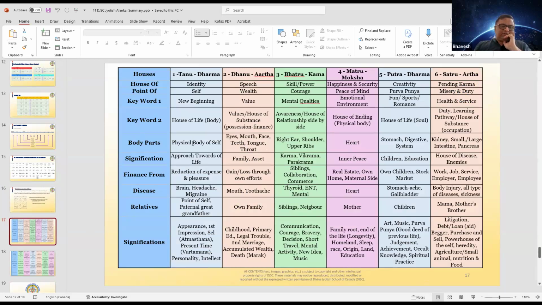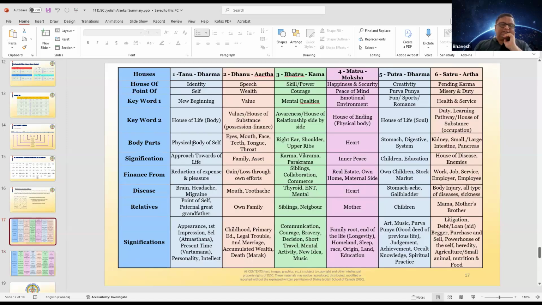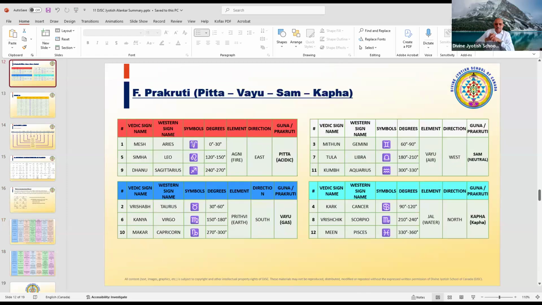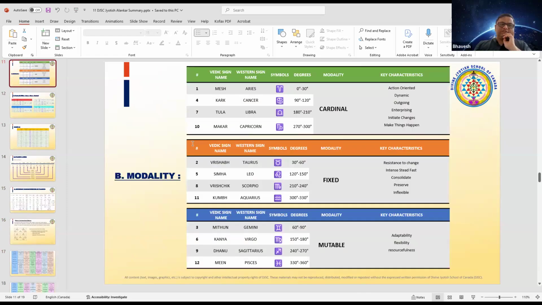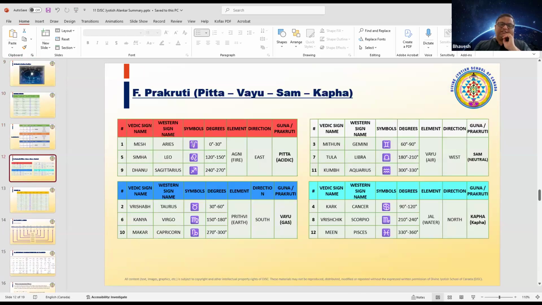But I think I will stop here and open up for a question and answer session. Let me go through this slide and make sure everybody is aligned, and then we'll open up for questions on basic topics. I can go back to any of the slides.